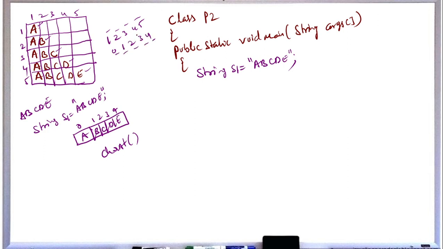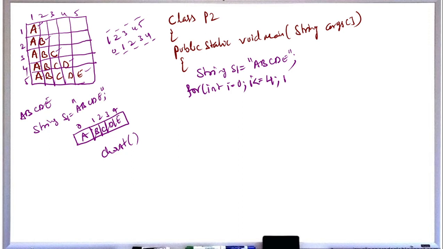We need 5 iterations. That's why I'm taking int i is equal to 0 and i less than or equal to 4, because we are ending at the fifth row. So 0 to 4. If you have 6, you take 5. If you have 7, take 6, like that. If a b c d e f is there, at that time you take 5.